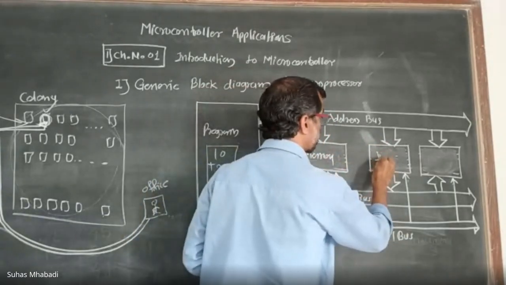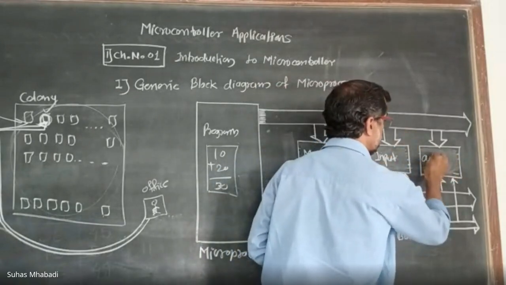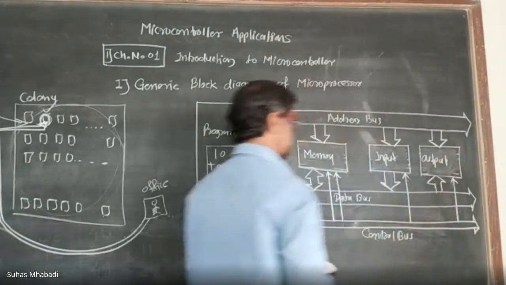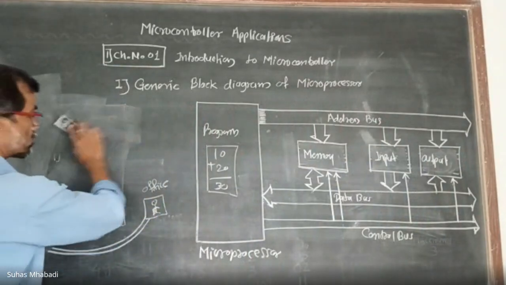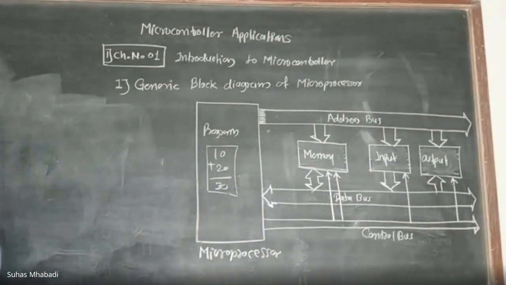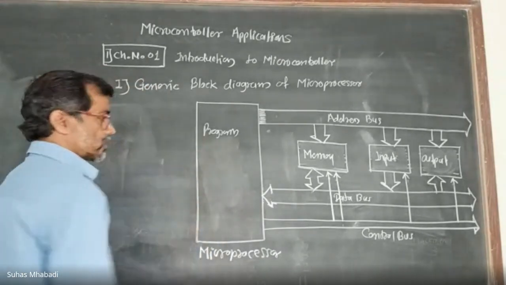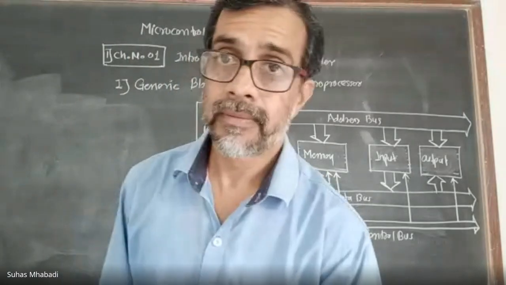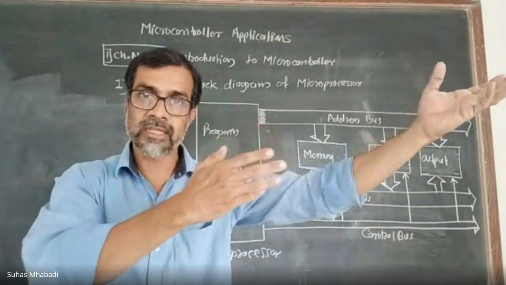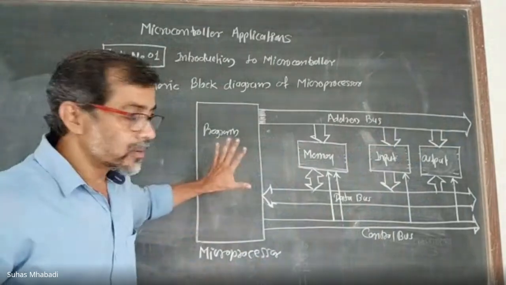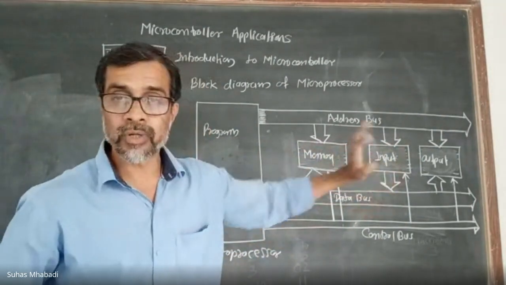Memory, input devices, peripheral device, and output devices. So what do you understand from this concept? At the end of the first lecture, we concluded that the microprocessor requires to communicate with memory, input, output devices.